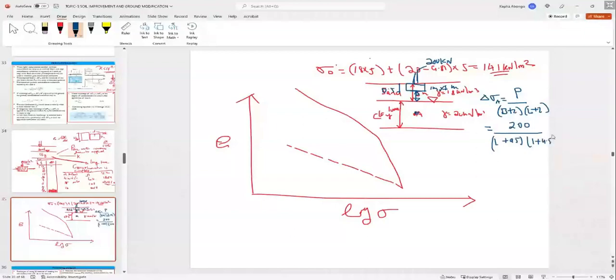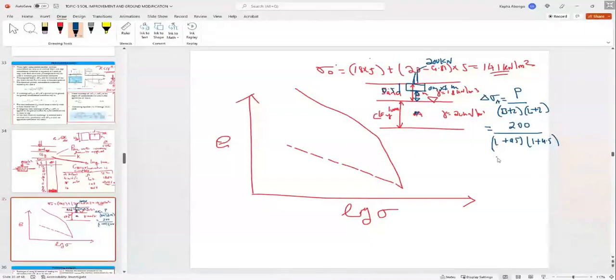So 200 divided by, let me use 0.5. Okay, it's okay. 200 divided by 10.5 times 10.5.